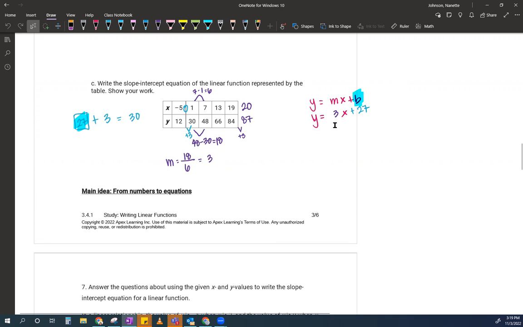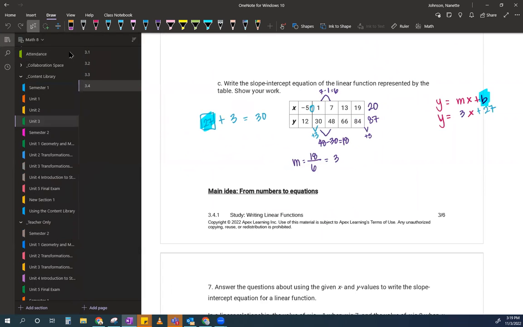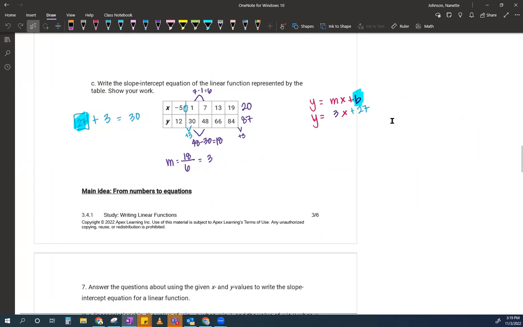Because I'm looking for my b, I can choose any of these points to plug in here to find out what b is. Now, some of you are thinking, Ms. Johnson, we already know what b is. Yeah, but if you know me, we're always trying to find more than one way to get there, because the more ways you know, if you get stuck on a quiz or a test, you have options, and I like options.